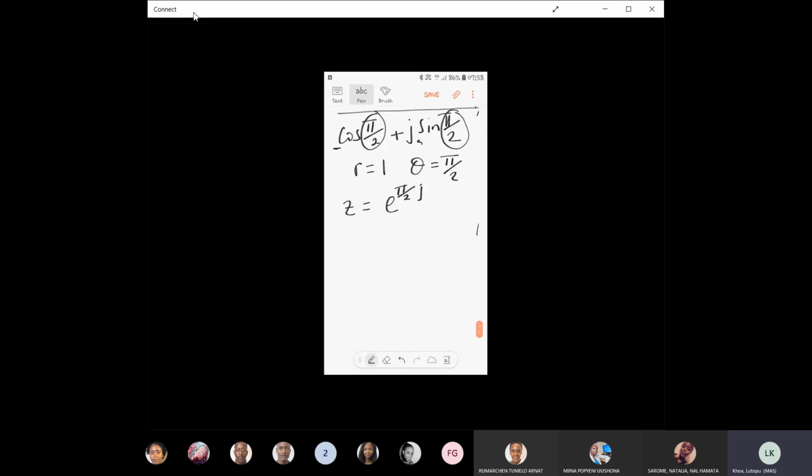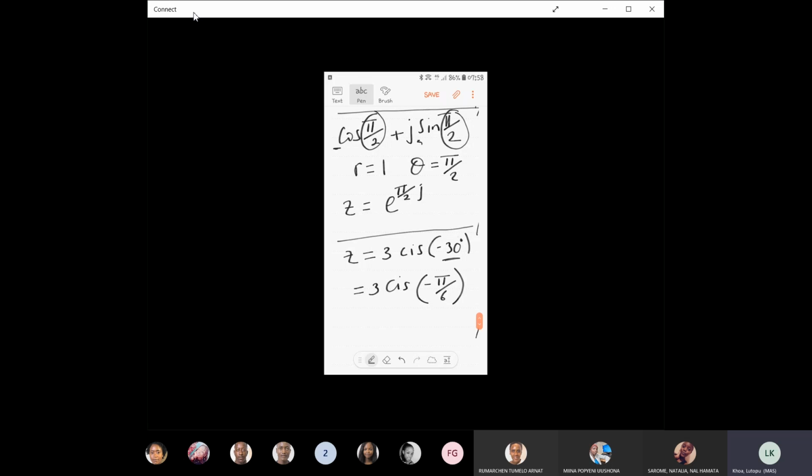Then if z is 3, and then it's 30 degrees. Again, polar form. Now my angle is in degrees, I will have to convert it. So I rewrite this as 3 cos sine, and this is minus pi over 6.